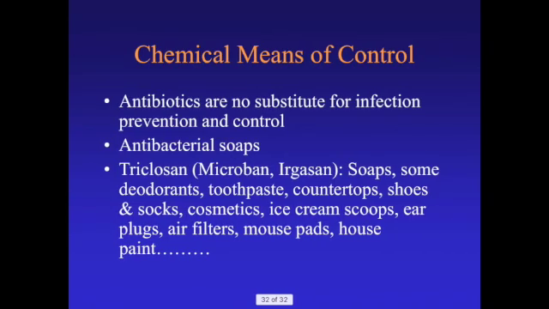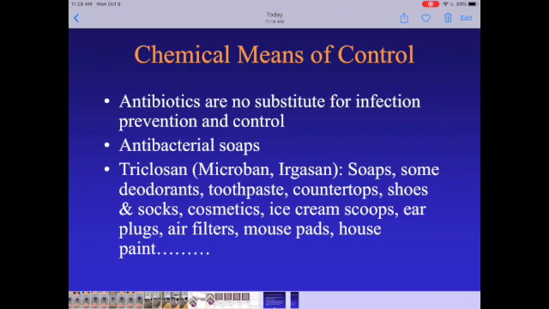There was also evidence that showed that when microbes are exposed to this triclosan, and I just have the trade names here, Microban and Ergosan, that they actually internalized the substance and had the potential for developing resistance to it, in which case it was just going to be rendered completely ineffective.